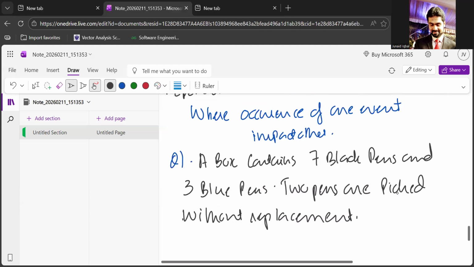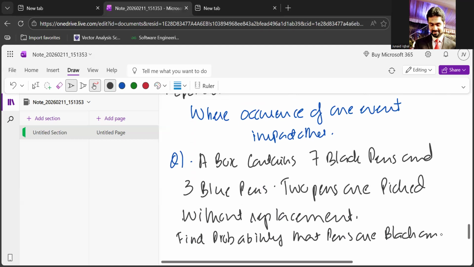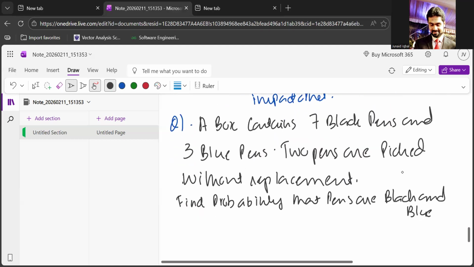So we have to find the probability that the pens are black and blue. Like the first pen will be black and the second pen will be blue.